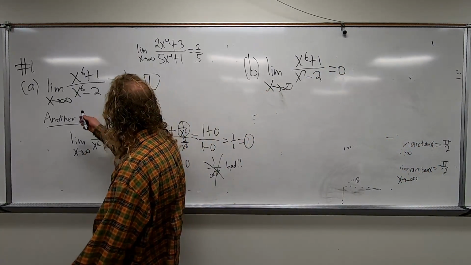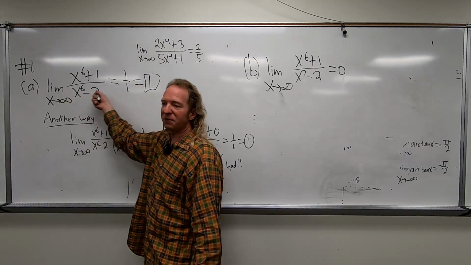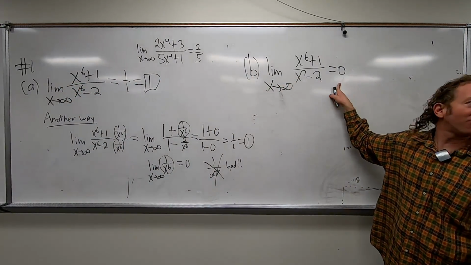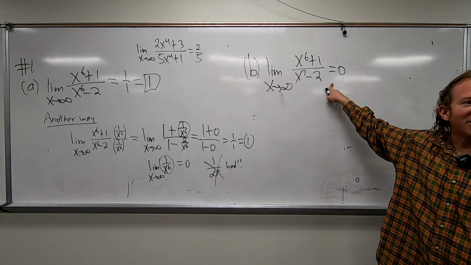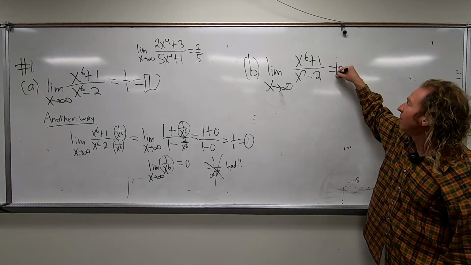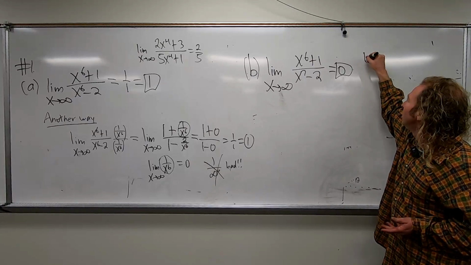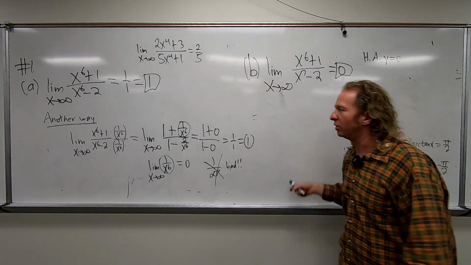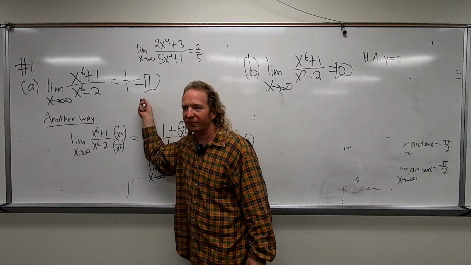If they're the same, you just divide. If it's bigger on the bottom, the answer is always 0. If you wanted to write the horizontal asymptote, it would be y equals 0. The question doesn't ask that, but if you wanted to, the HA here would be y equals 0. Here the HA would be y equals 1.